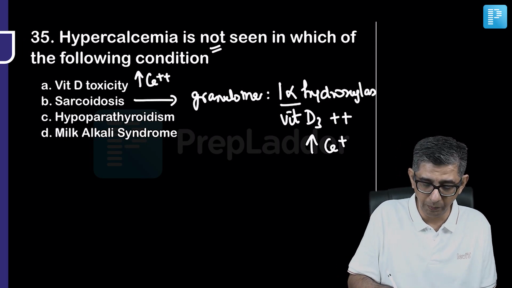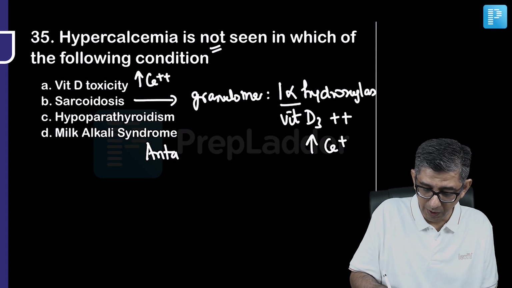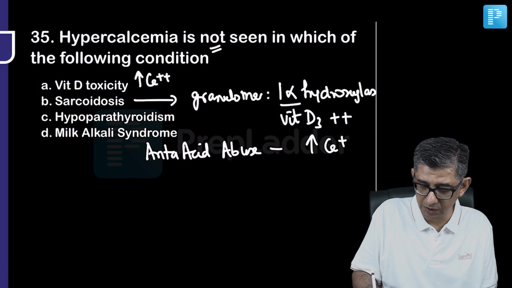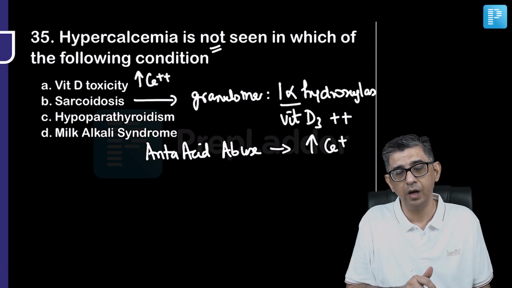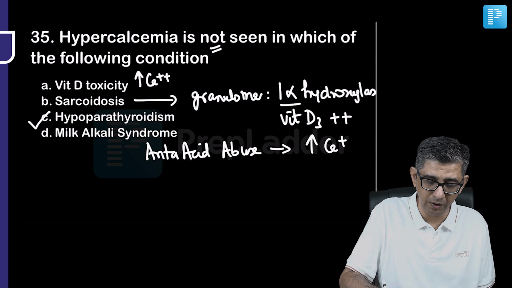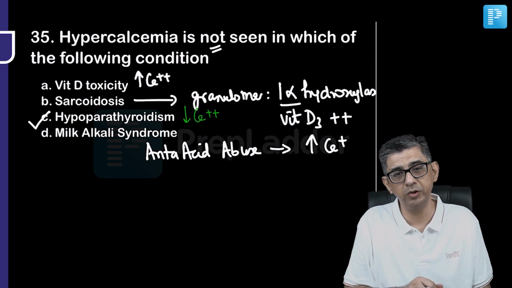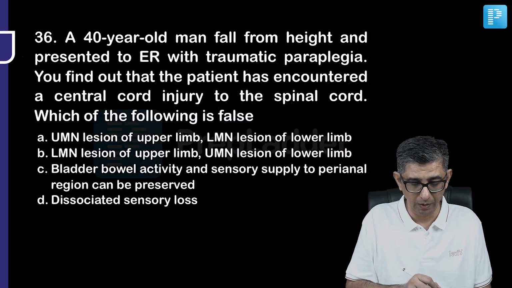Milk alkali syndrome would be excessive antacid abuse, and secondary to this, the calcium values will again be rising in the patient, but hypoparathyroidism would be having less of calcium. The correct answer for the current question on this slide, that would be 35, would be option number C.